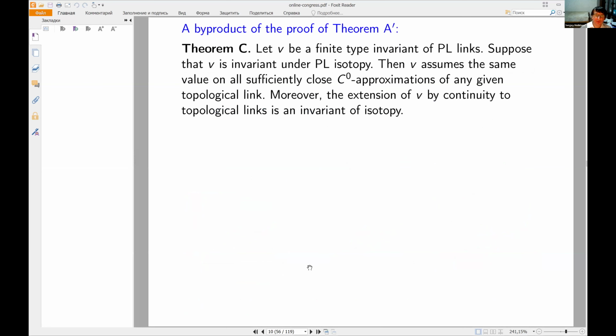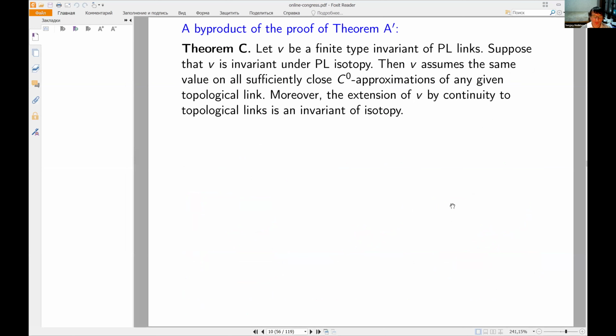Now, a byproduct of the proof of these results is the following theorem. If we have a finite type invariant which is invariant under PL isotopy, then it assumes the same value on all sufficiently close approximations of any given topological link.